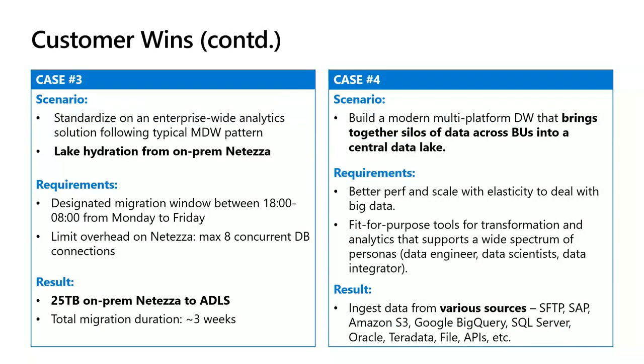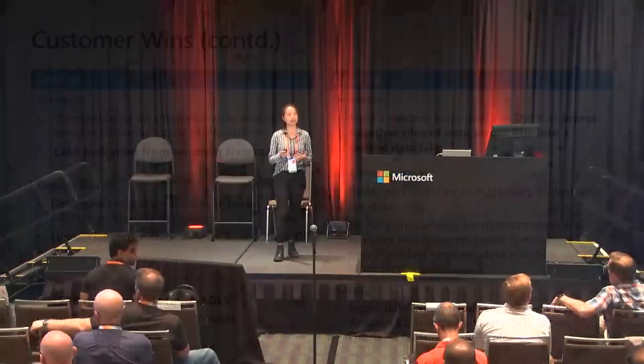Besides the lake migration, the third case is a data warehouse migration from on-prem Netezza to Azure Data Lake storage. They are trying to modernize their on-prem data warehouse into a modern data warehouse, moving from the data warehouse into the lake, then building analytics and transformations on top of the lake.